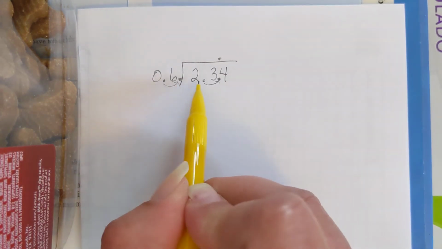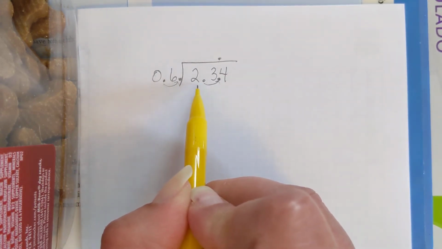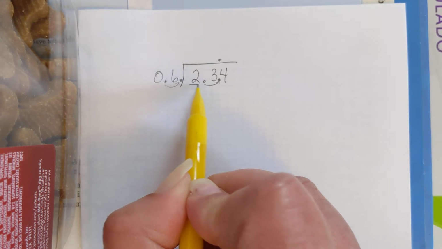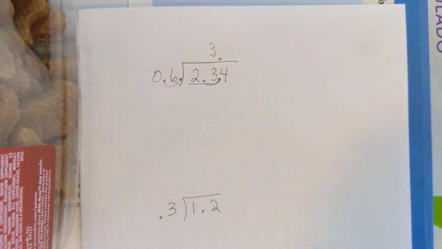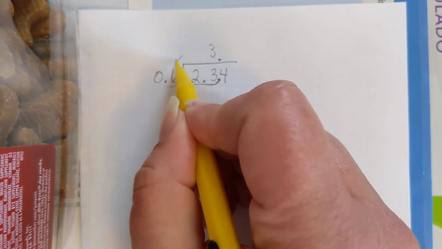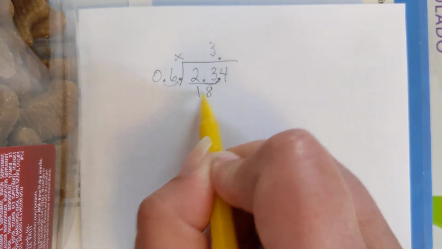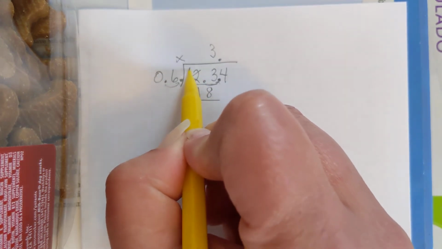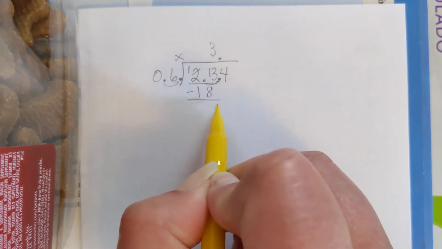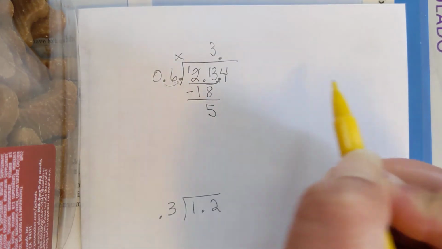So I would say 6 goes into 2. How many times? It doesn't. 6 goes into 23. How many times? Well, let's see. It goes in there 3 times. 3 times 6 is 18. Let's do our subtraction. 3 minus 8, can't do that. 13 minus 8 is 5.